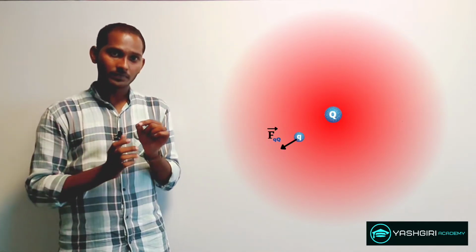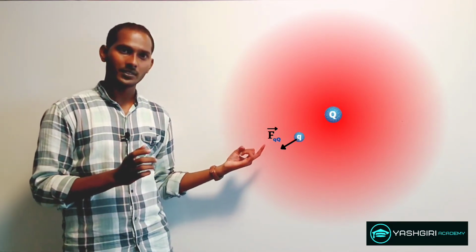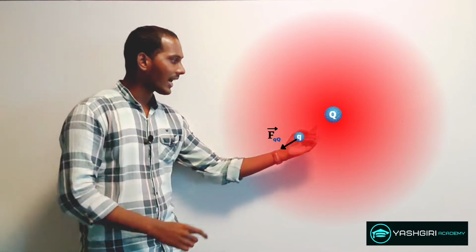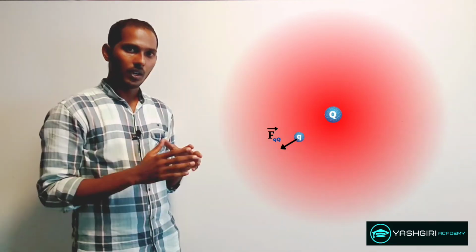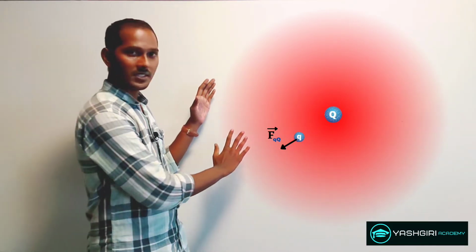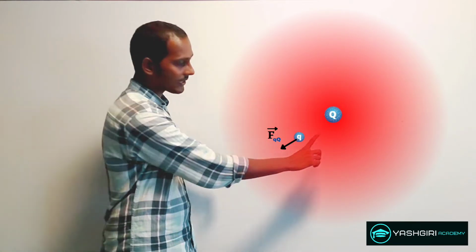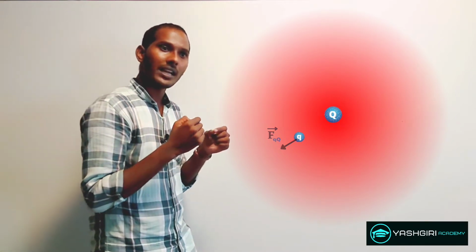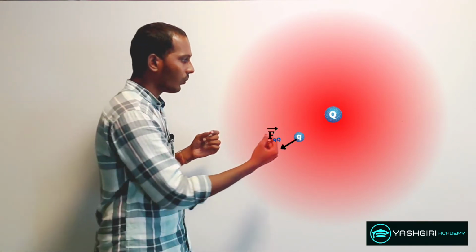This force that charge q experiences is due to the electric field set up by the charge capital Q. Or in simple words, it is just the space surrounding the charge capital Q in which you will see a small charge experiencing an electrostatic force of interaction with this charge capital Q.